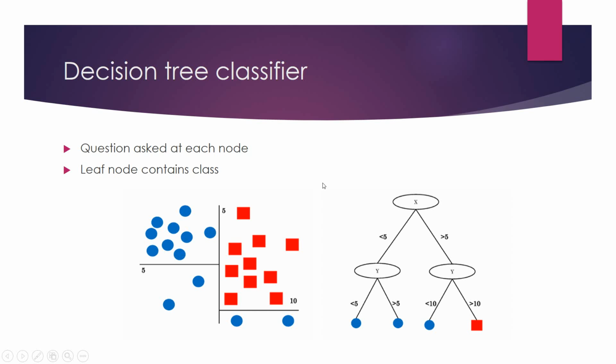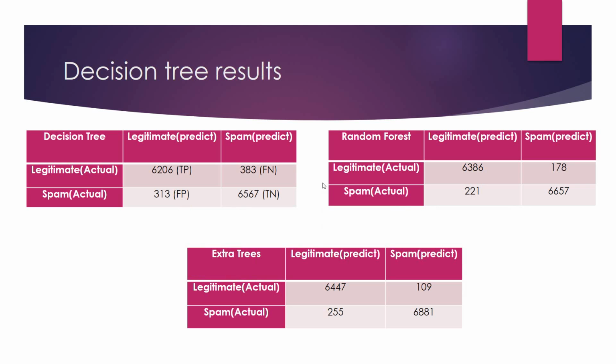If we go and see the decision tree classifier results, there are three classifiers which are primarily based on decision trees. The basic difference in performance between decision tree, random forest, and extra trees is that random forest and extra trees perform very quickly. They are more efficient than decision tree.